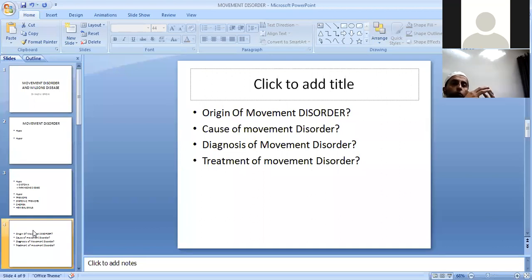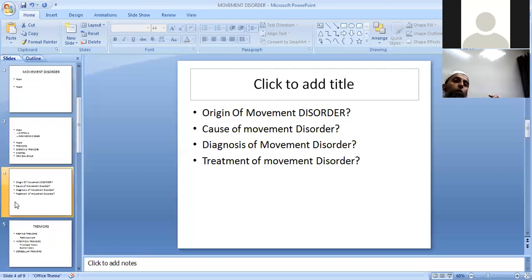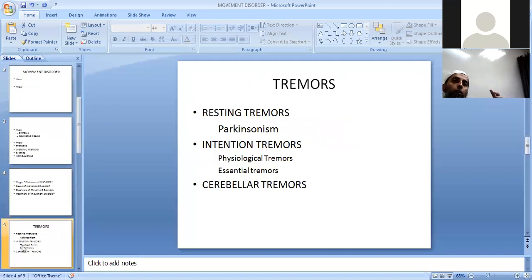But before you go to these, you need to see which type of movement this is. Anybody who comes to a clinic will have some form of movement disorder, and from there on you need to take it on. But first we need to identify what sort of disorder this is. So we talked about hypo and hyper, and here we go for hyper disorders. The first disorder in hyper is tremors, and I'm sure all of us are very familiar with tremors, right?